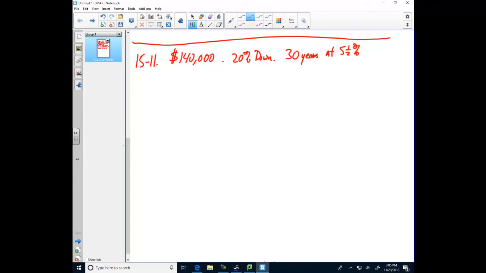Okay. So, first thing we need to do is figure out how much we're actually financing. So the amount to be financed is your $140,000 times 0.8. Oh, that's the complement.